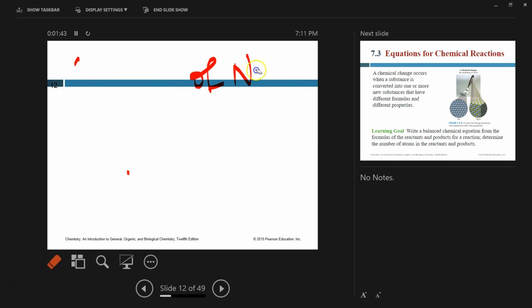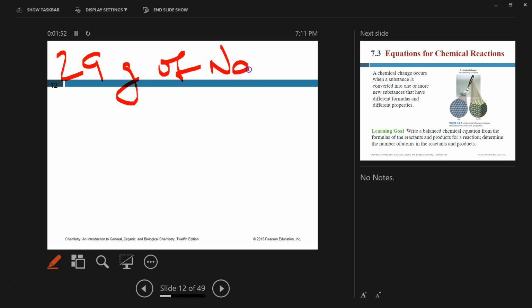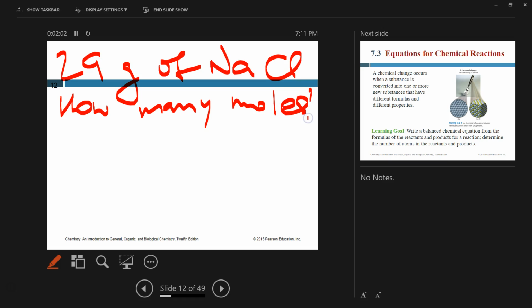So in a task like this, again, 29 grams of sodium chloride, and the question is how many moles? So my first question is, what you need to find first and foremost? You need to find molar mass. Let's find it out.